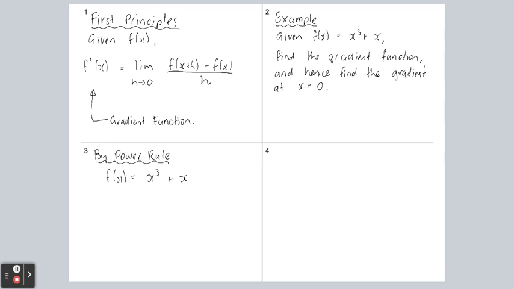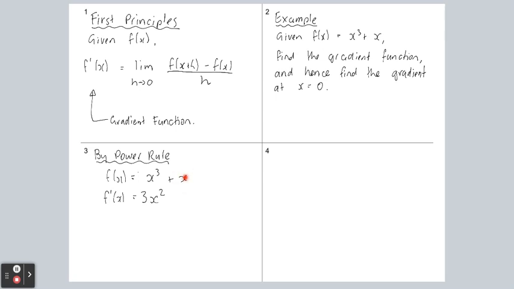If we were asked to find the gradient function of f of x equals x cubed plus x, we go f dash of x, then we bring down the power and multiply it by the whole term. So if there was a 2 here, then that would be 3 times 2, which equals 6, but there isn't. So we just bring down the 3. 3 times 1 is 3, x, and then we subtract 1 from the power. So we've got 3x squared.